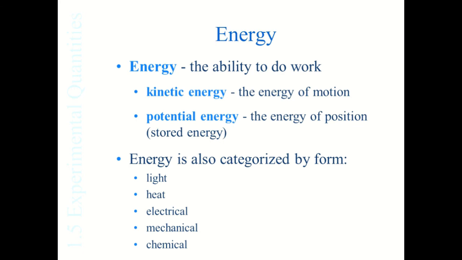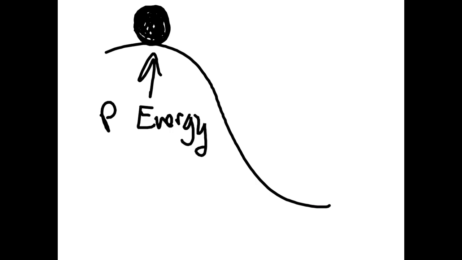Okay, so energy, when we describe energy in chemistry, energy is the ability to do work. Kinetic energy is the energy of motion, potential energy is the energy of position. So if I am a boulder, I know that's what you guys imagine yourselves as sometimes, if you are a boulder sitting on top of a hill, this is potential energy.